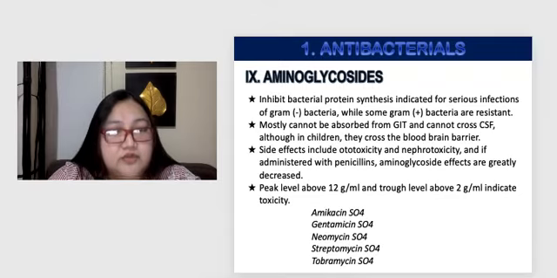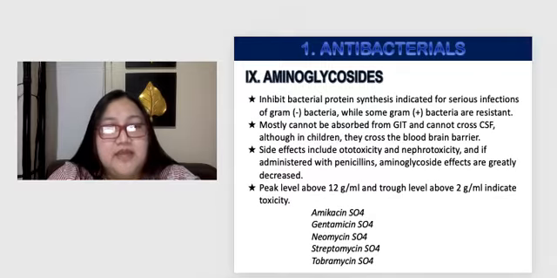And also, they cannot cross the cerebrospinal fluid, except sa bata. In children, aminoglycosides can cross the blood-brain barrier. Aminoglycosides are also ototoxic, nephrotoxic, and if you administer them with penicillins, aminoglycoside effects are greatly decreased.